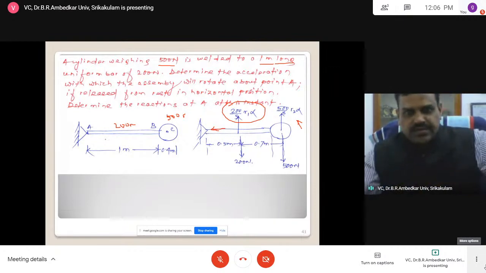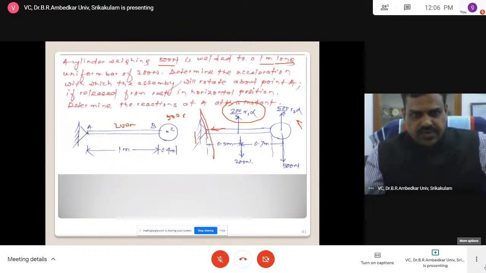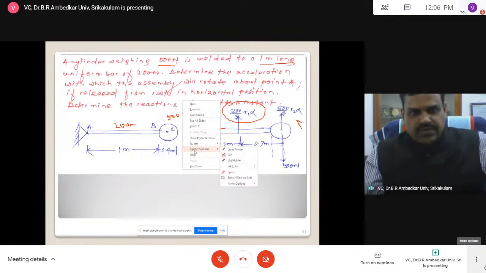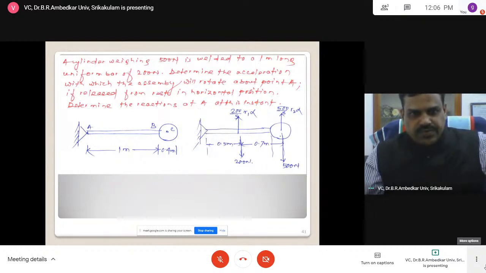See, when it is in rotation about this axis, rotation is taking place. Now what we have to do is consider the weight acting downward.